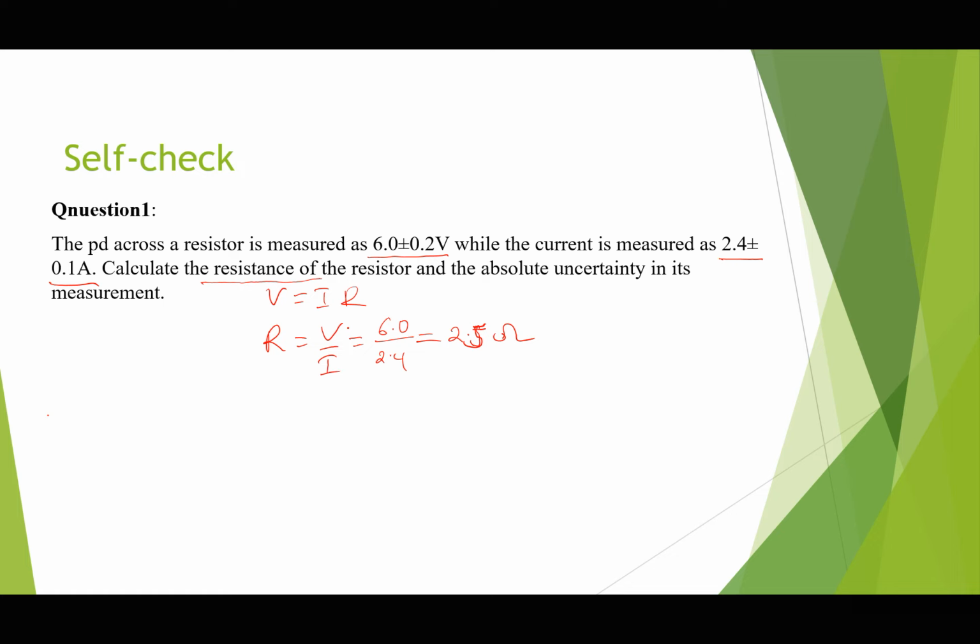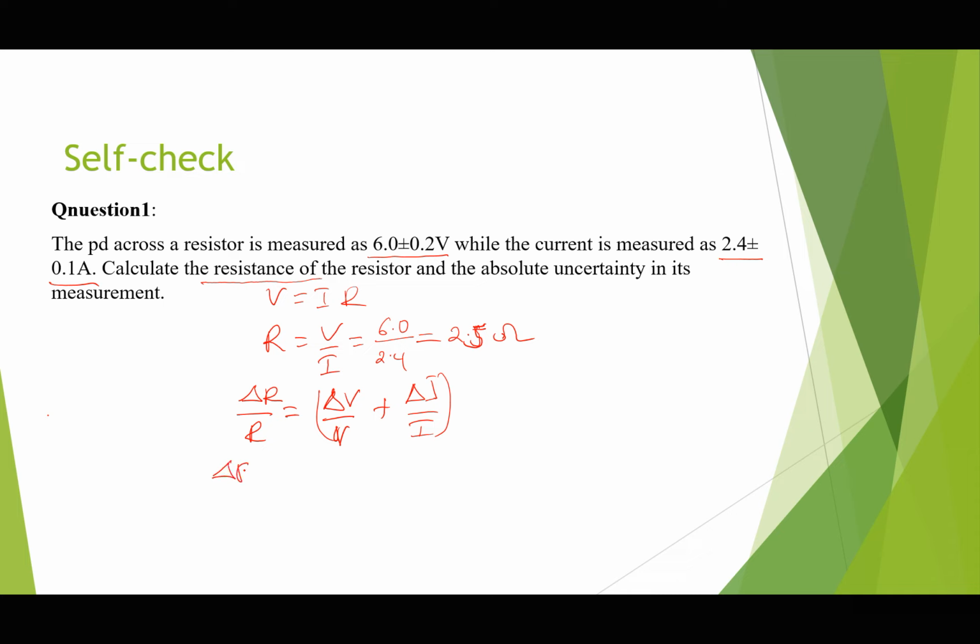You sum up the fractional uncertainties or the percentage uncertainties. Sorry for that. So the fraction uncertainty in R, delta R over R, is going to be equal to the fraction uncertainty in V, that is delta V over V, plus the fraction uncertainty in I. So we are summing up the fractional uncertainties. That means when I multiply both sides by R, I will be multiplying R this side to get the absolute.